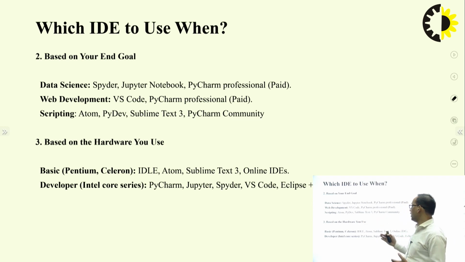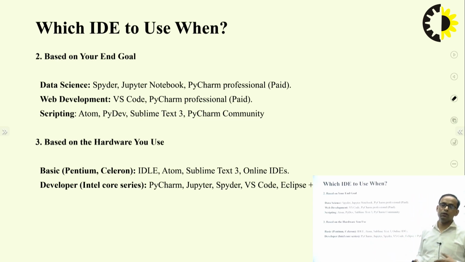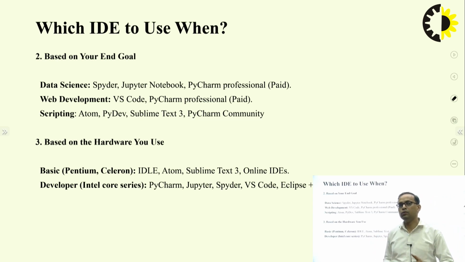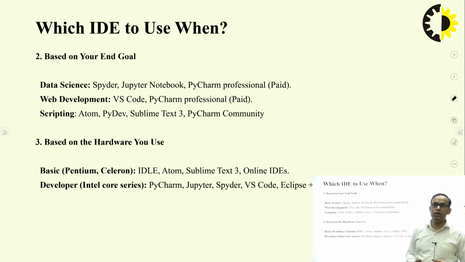Next one is based on the hardware. If our computer system is a basic computer system, then we can use the basic IDE. Or if it is an advanced computer system, according to the configuration, if we want to work on a machine learning related project, then we have to use PyCharm, Jupyter, and Spyder.